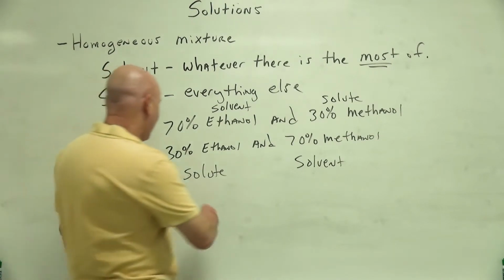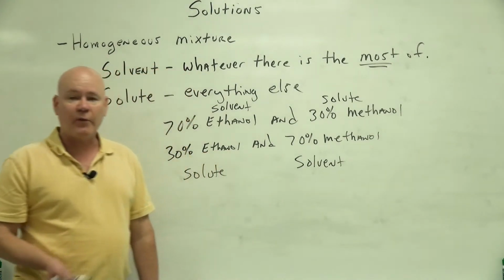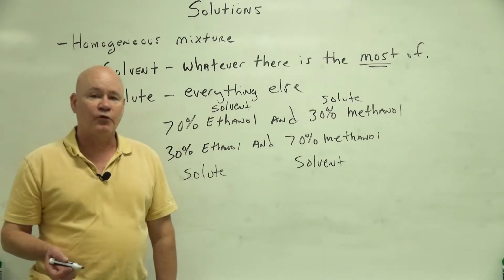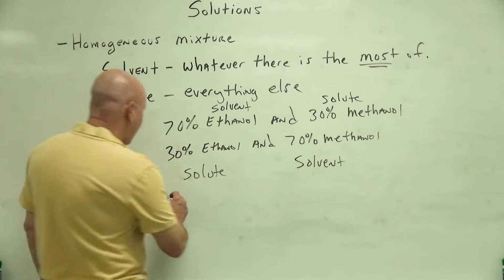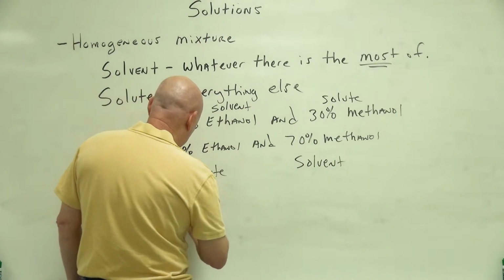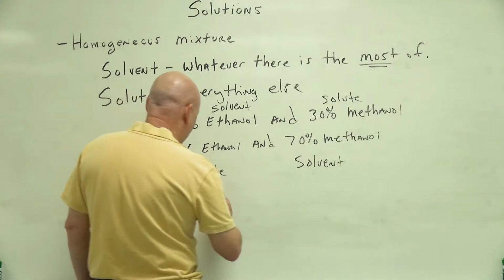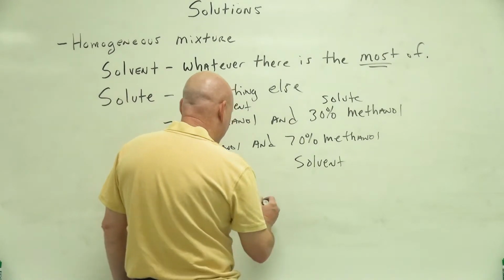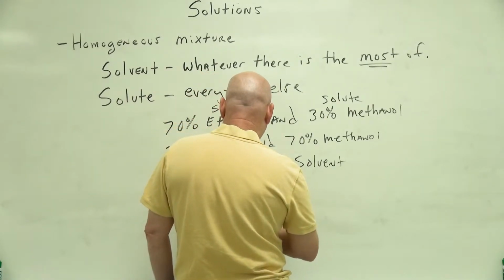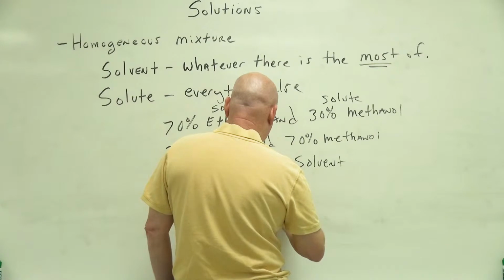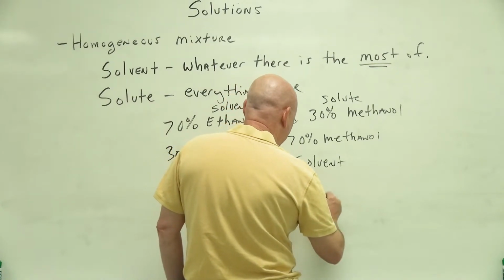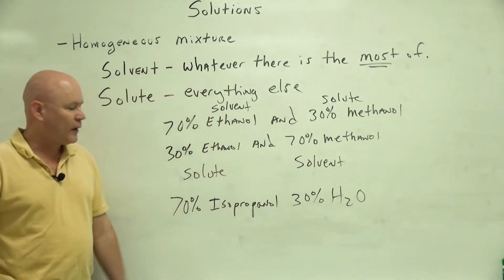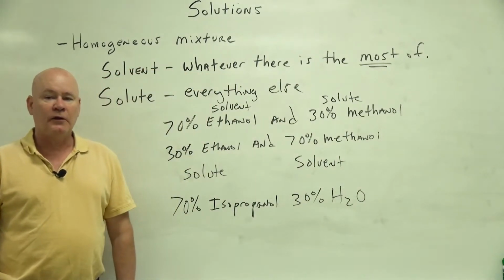Remember, it's not what it is, it's how much you have. If I had something like isopropanol, which is rubbing alcohol that you can buy in any grocery store or drug store, rubbing alcohol is 70% isopropanol and 30% water. That's how you buy it in the drugstore.